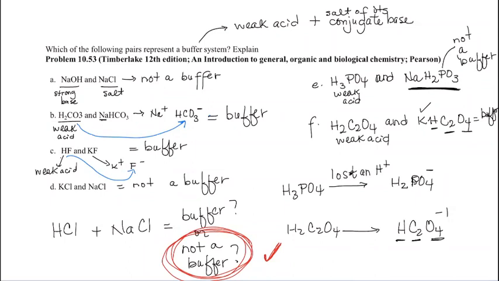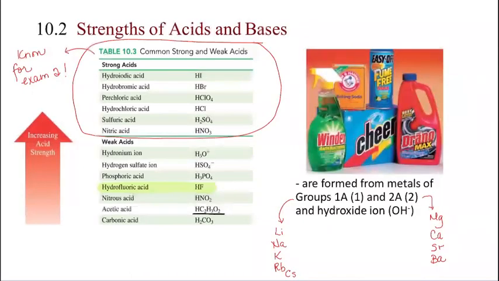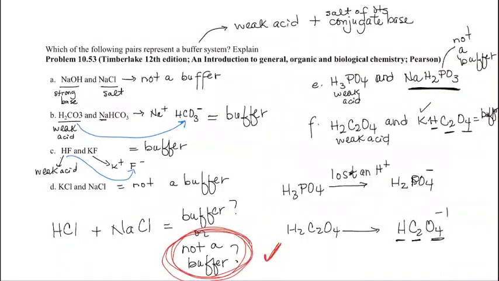How do I know that HCl is a strong acid? I look at this table, look at HCl right below perchloric acid. So again, my definition of a buffer is a weak acid and the salt of its conjugate base.